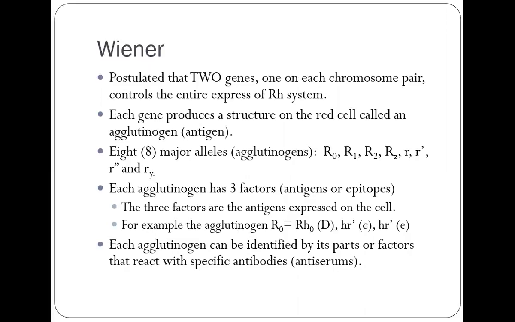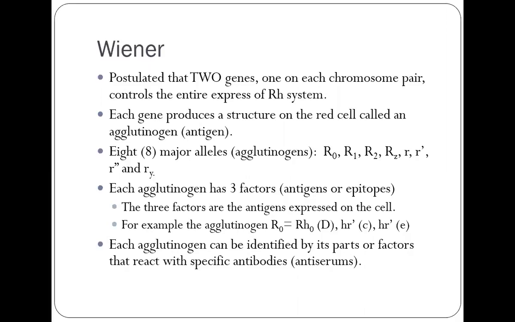An agglutinogen is a term that refers to a group of antigens or factors that are going to be agglutinated by antisera. So you can identify this agglutinogen by agglutinating each of its parts or each of its factors. So in this case, they thought that this agglutinogen, or this antigen, consisted of 8 major alleles.